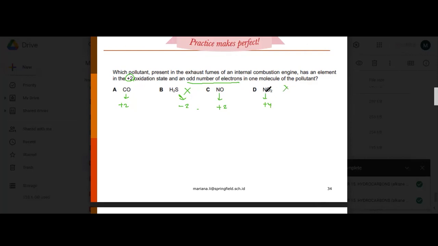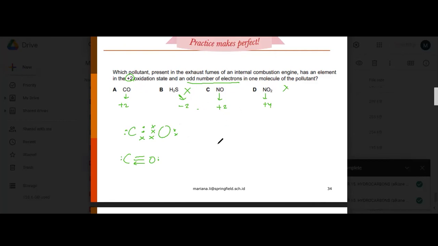So between A or C. But which one has the odd number of electrons? Let's try to make the structure of CO. It makes a double covalent bond with oxygen and then one dative bond with oxygen. You can see here 1, 2, 3, 4, 5, 6. This is the CO molecule. So all electrons are in pairs.